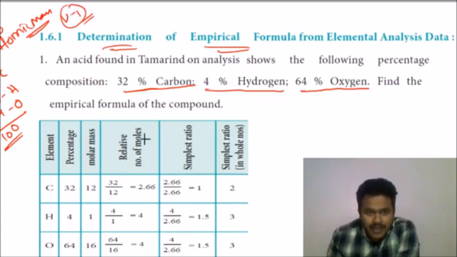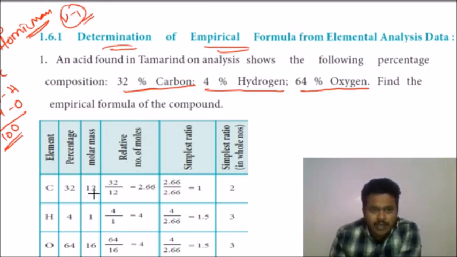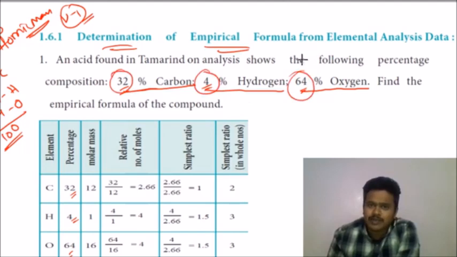So come here, relative number of moles. The molar masses are fixed. 32, 4, 64 are given in the question. You have to consider these numbers as mass because they are given as percentages.